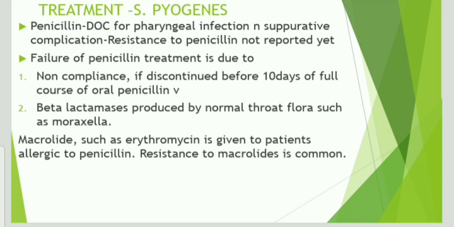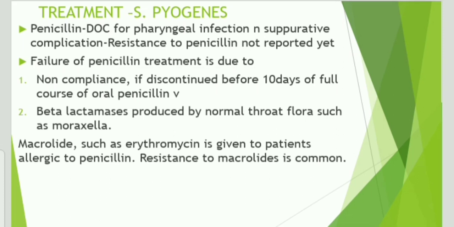Still, penicillin treatment can fail due to non-compliance, that is, if you discontinue the treatment before the 10 days of the full course of oral penicillin V. The second condition when penicillin treatment can fail is when beta-lactamase is produced by some normal throat flora like Moraxella. If a patient is resistant to penicillin, we give a macrolide such as erythromycin.